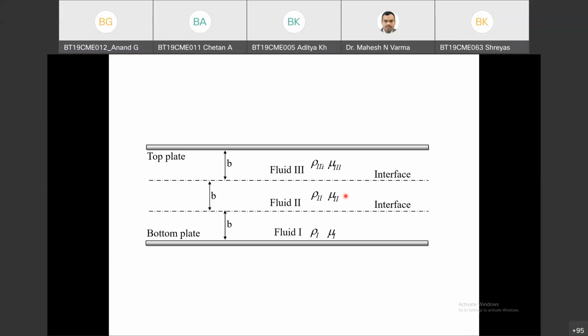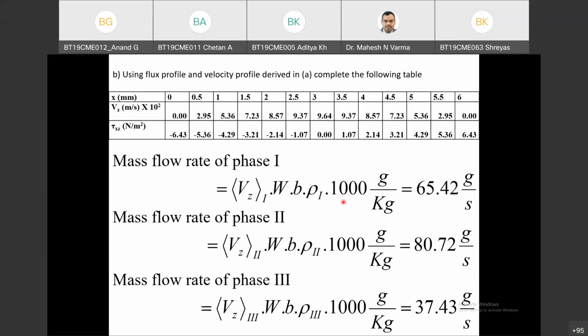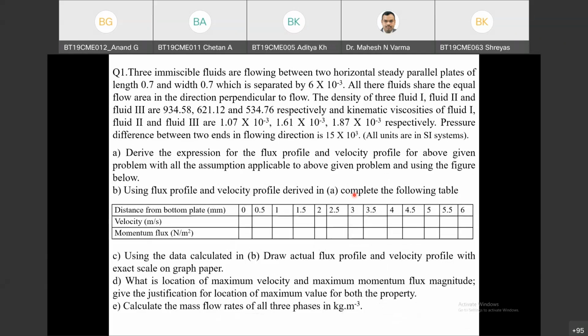As far as momentum transport is concerned, if the viscosity of two fluids is the same, you need not consider anything else. Both fluids will behave identically in momentum transfer. This is the answer actually.